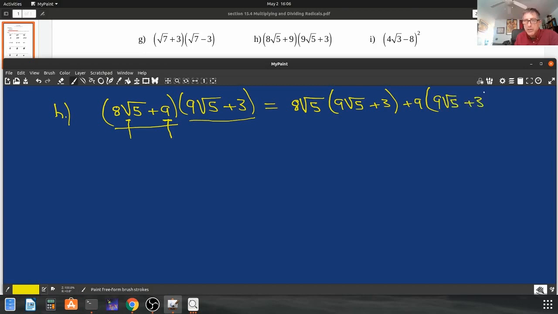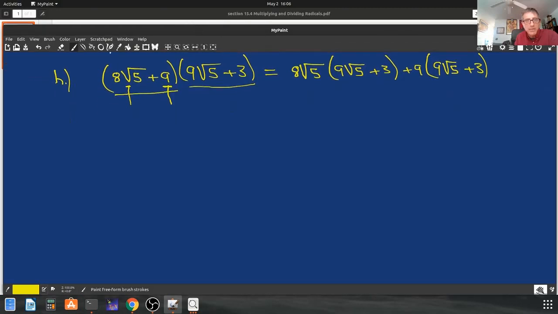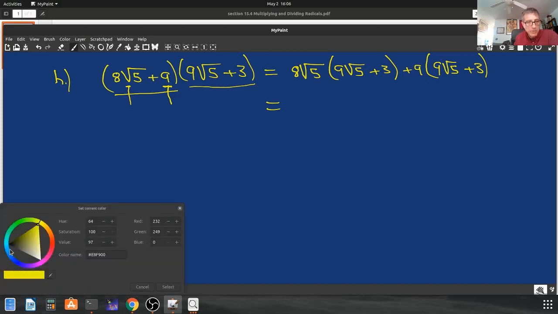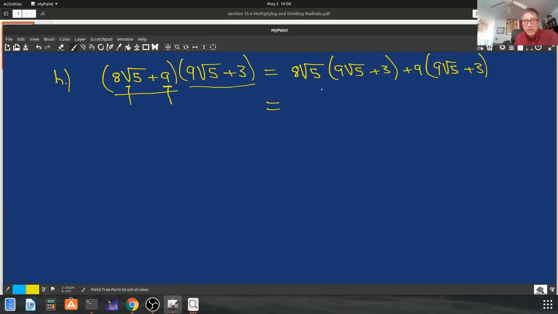For this particular problem, if I were to use FOIL, it might be confusing. So I'd rather write this out here. So this is one thing times another. So now I'm going to use distribution. So all of this times this and this, then all of this times this, and then times this.